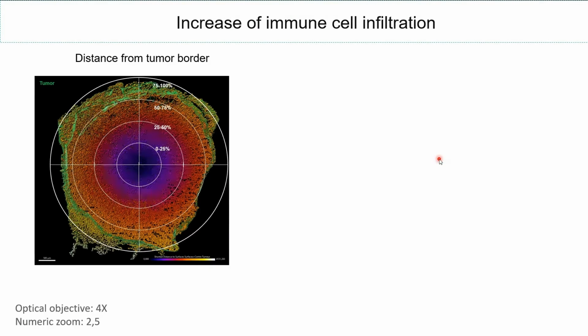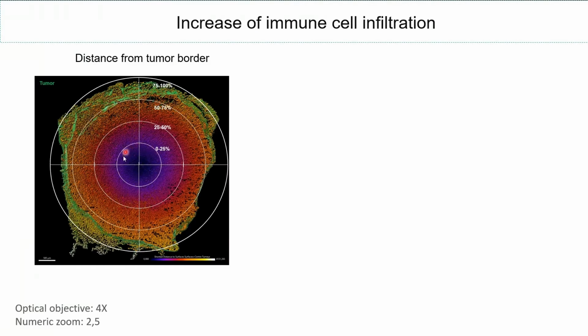Then we wanted to know if, in addition to this increase in density, we have an increase in infiltration. And we used the same brain, but we used single cell resolution to better analyze the immune cells inside the tumors. And we split the tumors in 4 layers.